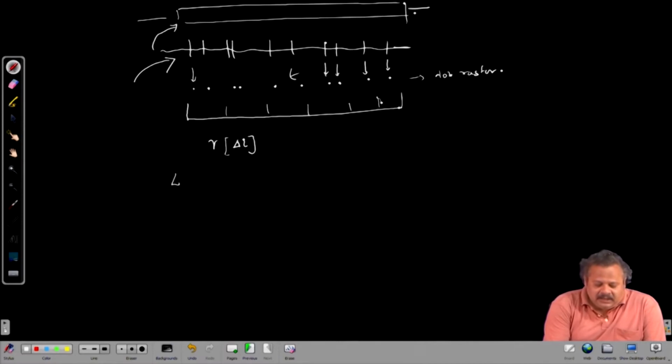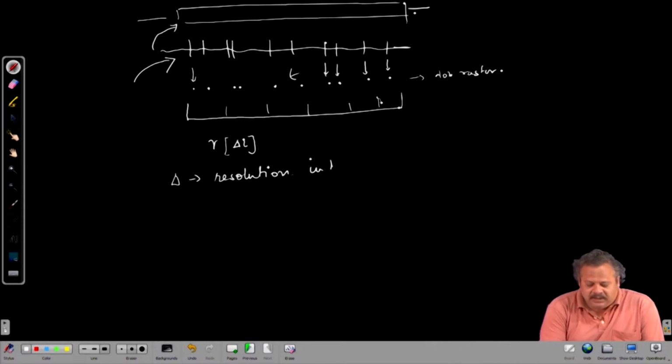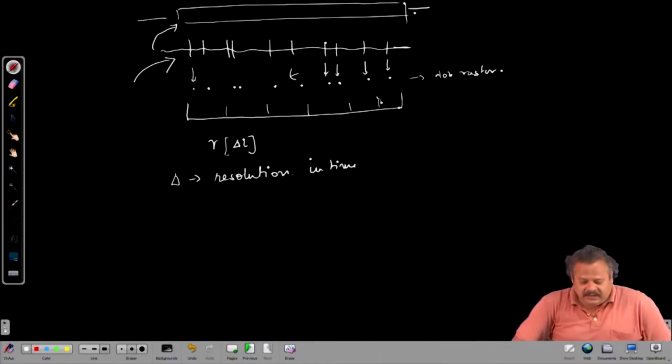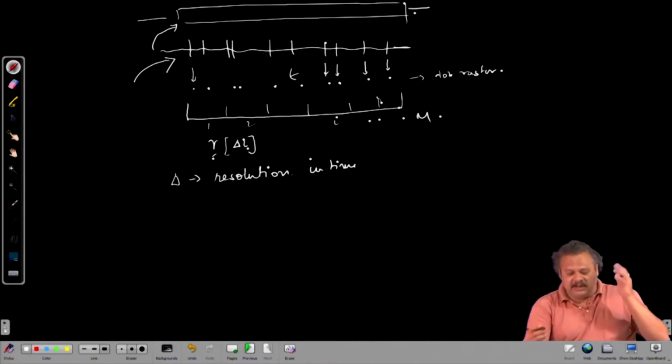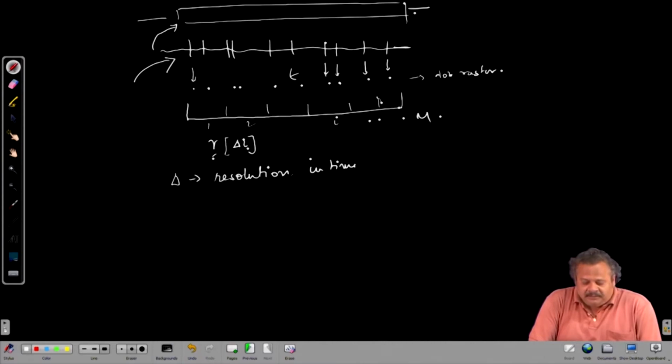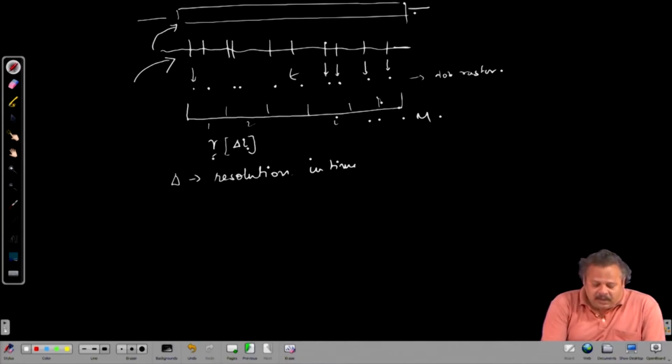That is, delta is the resolution in time that we are looking at, that is, at what interval we are discretizing the time window, and i is basically the index, starting from 1 to M, and there may be, let us say, capital M intervals or bins that we are looking at, and R represents the rate or the number of spikes divided by delta that occur in that window, (i minus 1) delta to i delta.